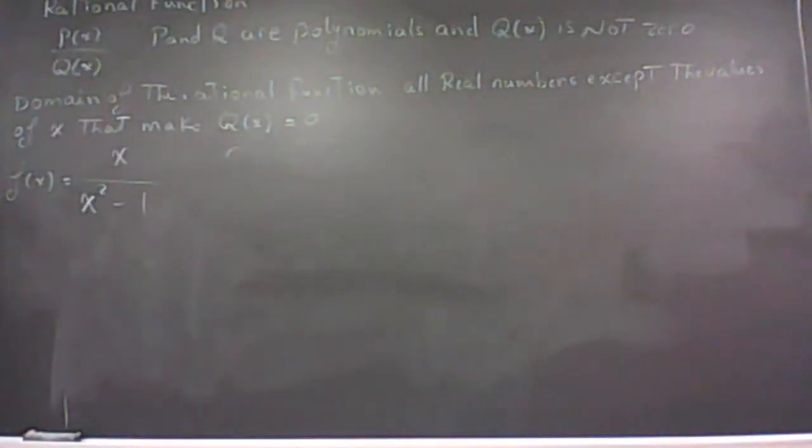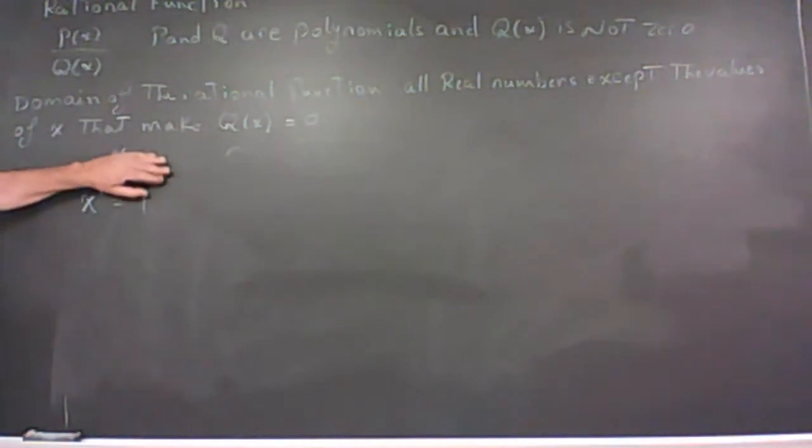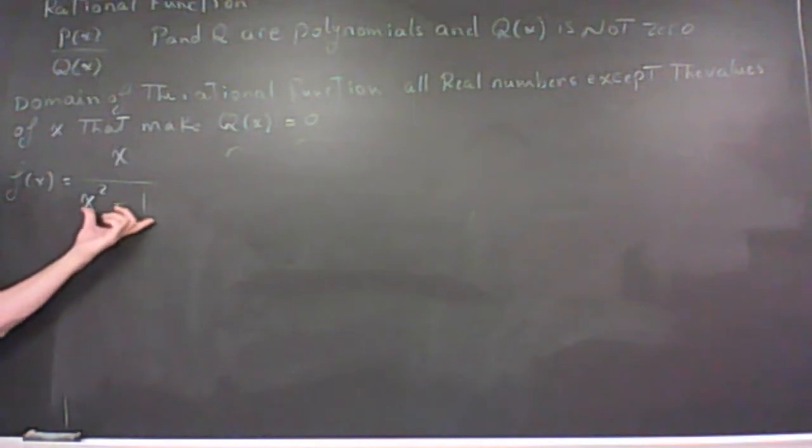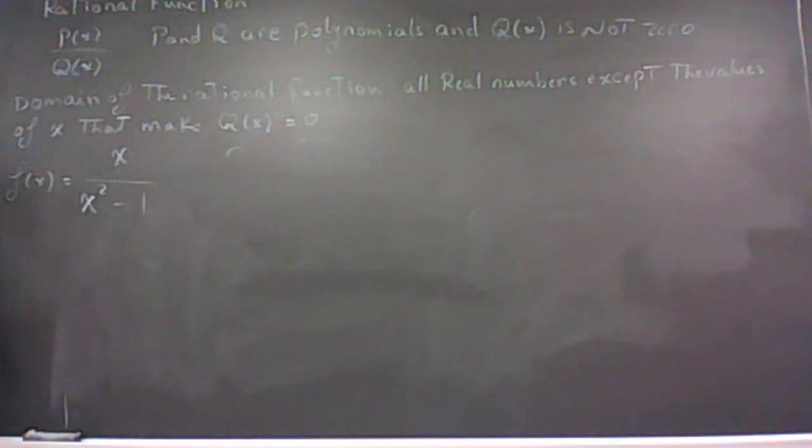Well, simply to find the exceptions, notice, I don't care what the numerator has. I don't worry about it for those exceptions. What I worry about is the denominator only. If you can't figure it out right away what they are, just take the denominator, which is x squared minus 1 equals 0, and solve that equation.